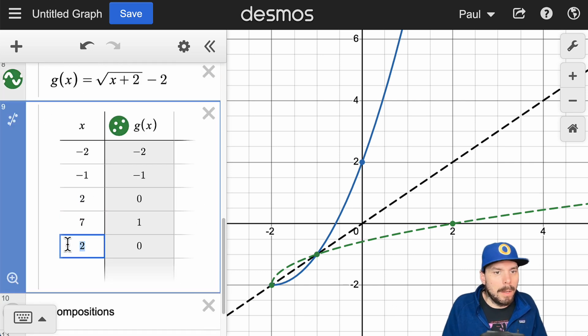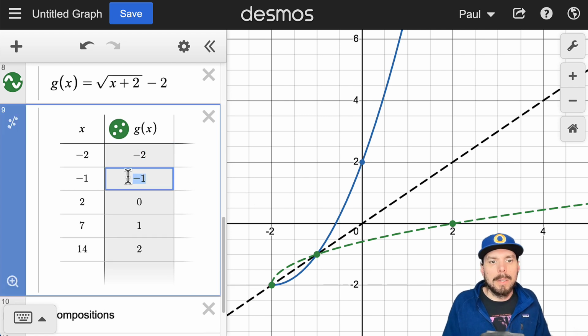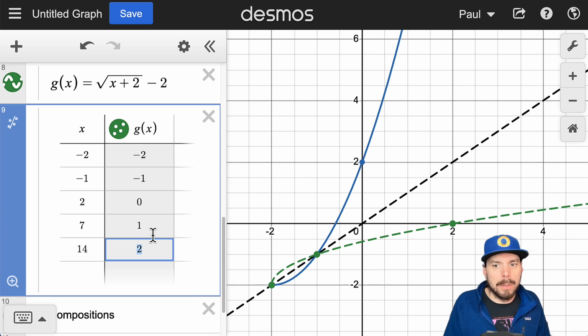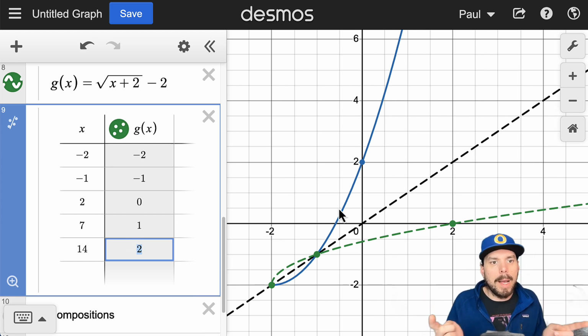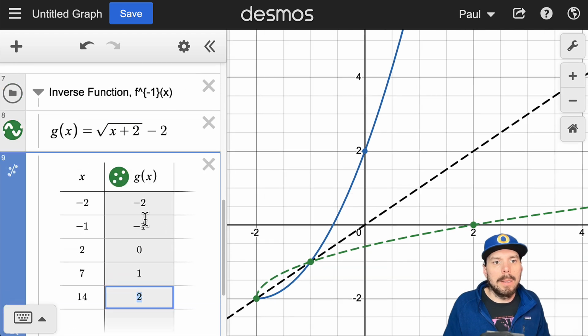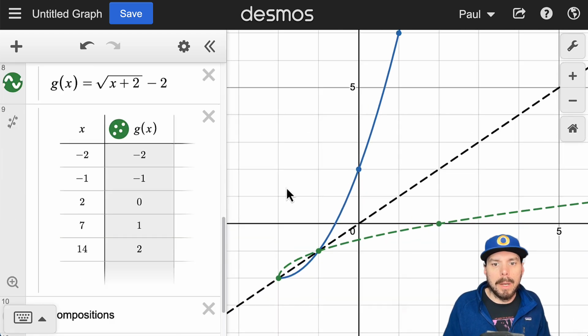And what we should see is a complete reversal. So now the outputs from those gave us the original inputs that we started with. We see the reversal of y and x, just like this input x equals f of y predicts. Or we see a reflection across y equals x.